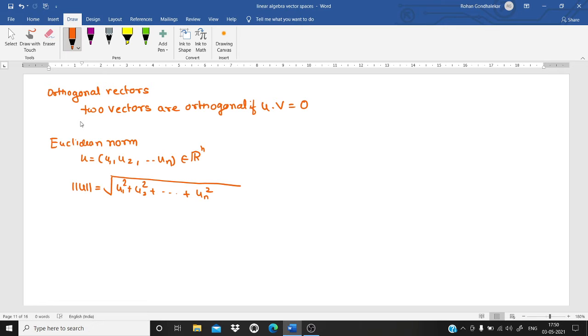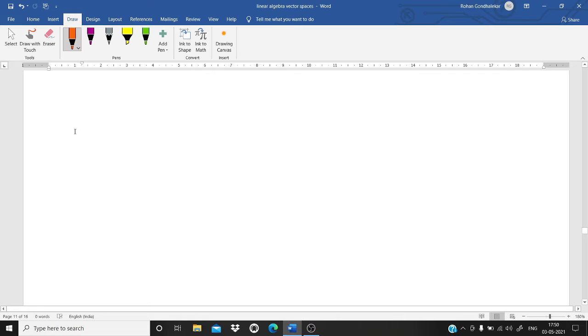One problem I would like to discuss. Find the unit vector in R3 orthogonal to given two vectors. That's a very important question, which was asked in the university exam also. Okay, write down the statement first.